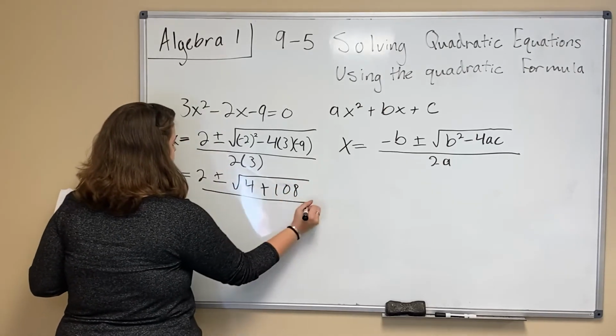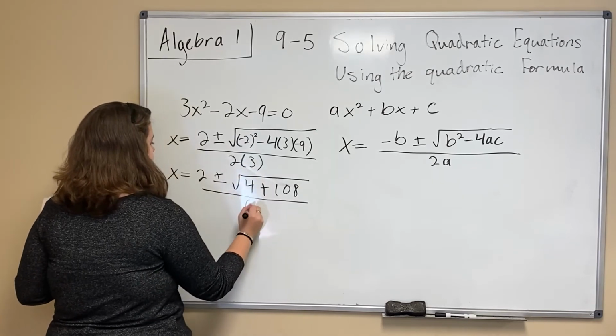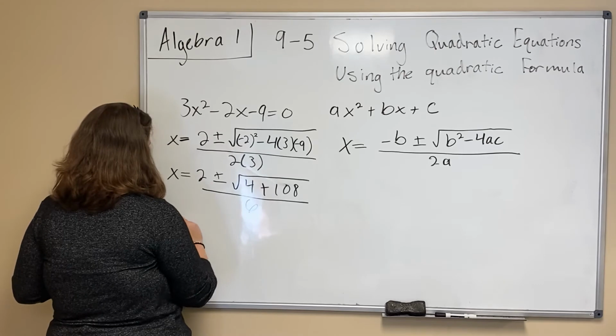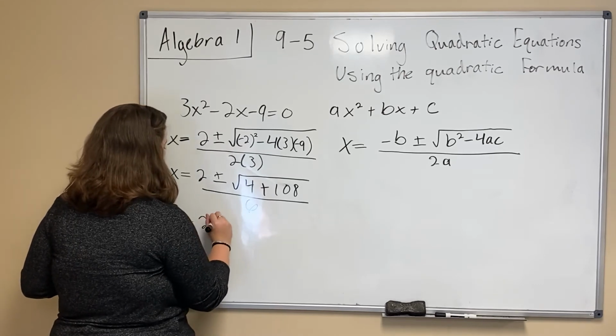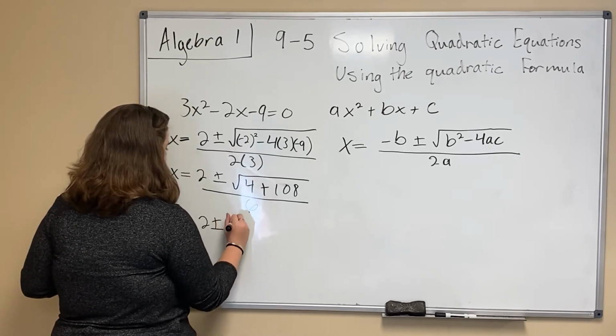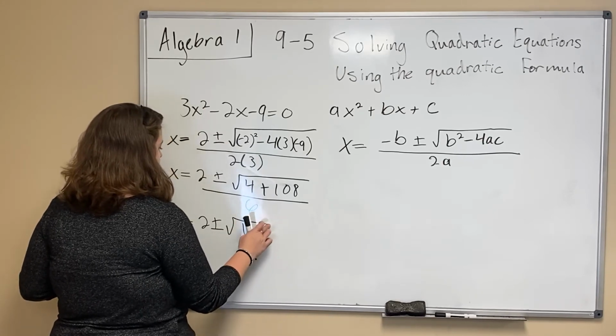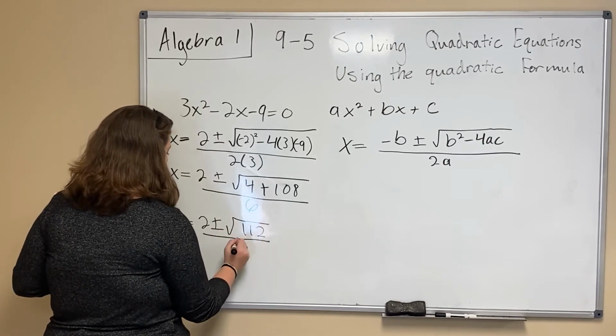All of that over 2 times 3, which is 6. Okay, so if I add those together, I'm going to get x equals 2 plus or minus the square root of 112 over 6.